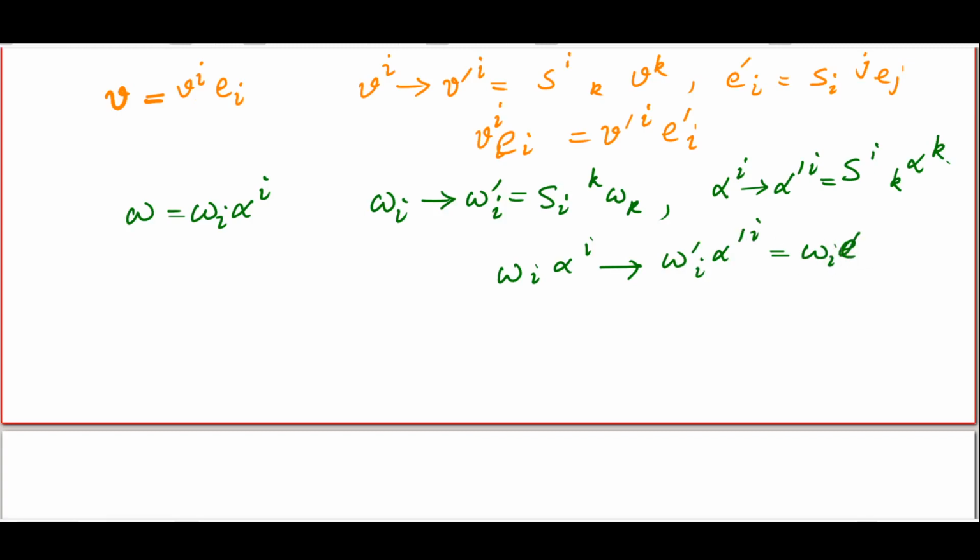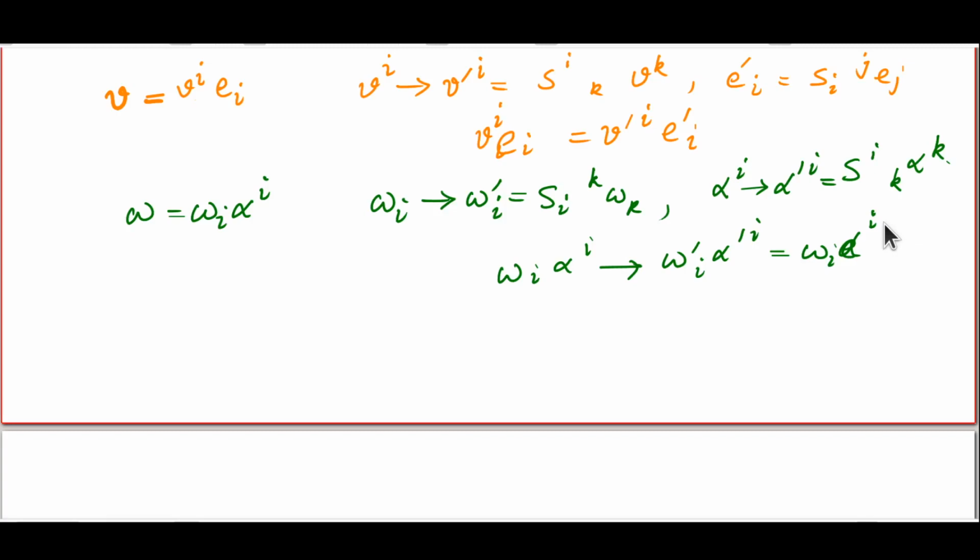In other words, just like vectors and their bases transform oppositely, covectors and covector basis transform oppositely. It just so happens that the covector components transform exactly like the basis vectors do for a vector, and the covector basis transforms exactly like the vector components do.